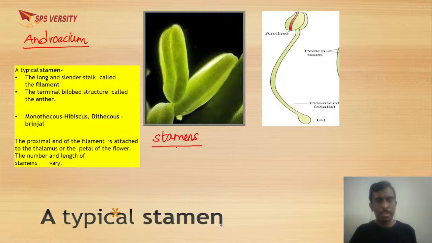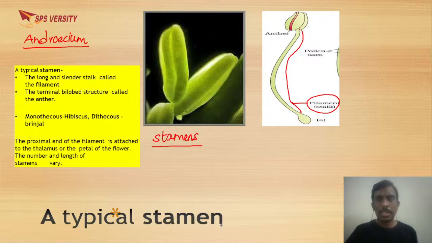When we come to the structure of a stamen, a stamen has a long slender part. What you are seeing is a stamen. This long slender part of the stamen is called the filament, or the stalk of the stamen.